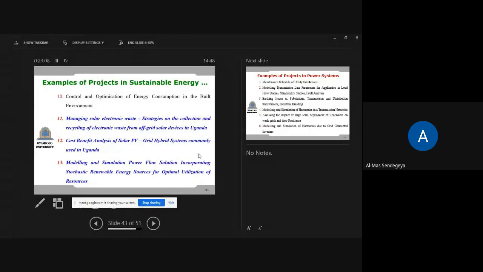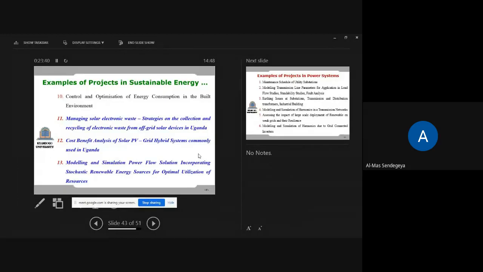Number 11, 12, and 13: I was going through my presentation this morning and received two mails from a friend. He showed me two projects going on in Kenya, and from that I thought about other projects. For example, number 11: in Kenya, they have a project, I think funded by the World Bank, looking at electronic pollution from solar PV systems.